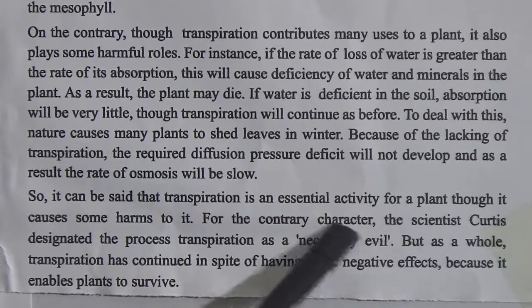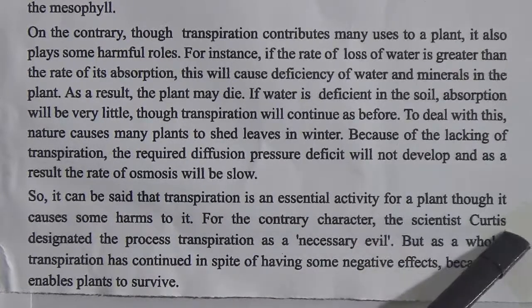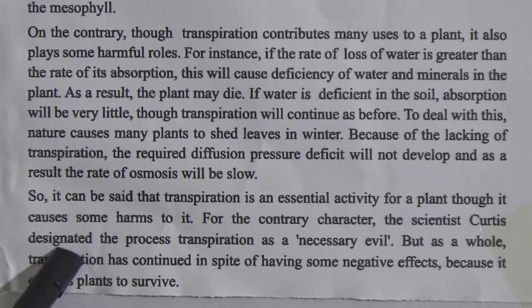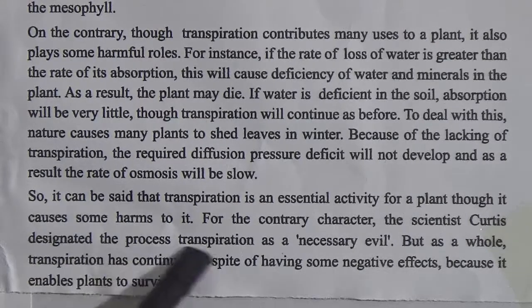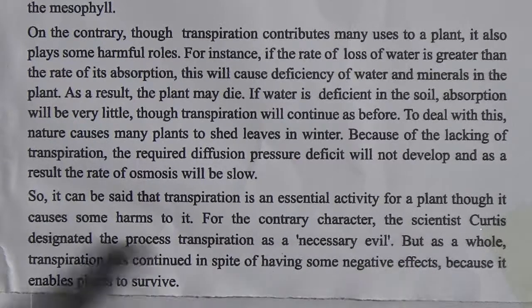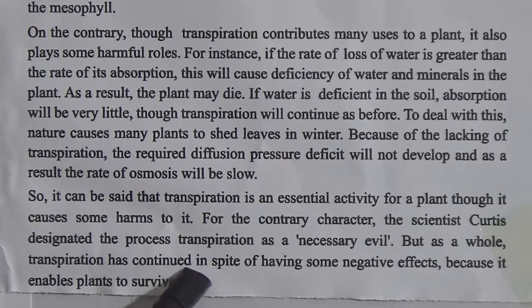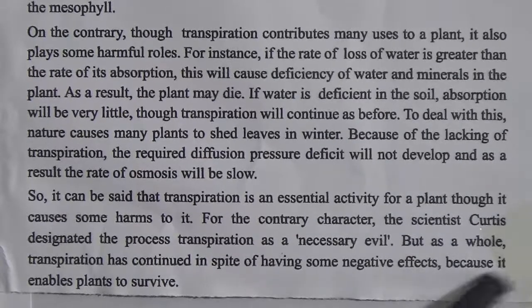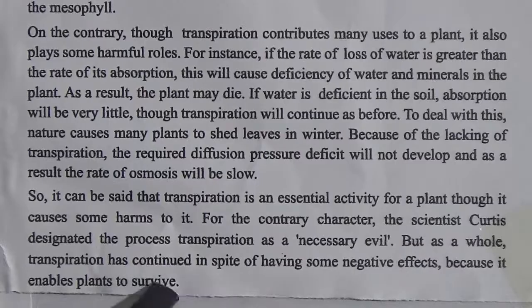For this contrary character, the scientists designated the process of transpiration as a necessary evil, but as a whole transpiration has continued in spite of having some negative effects because it enables plants to survive.